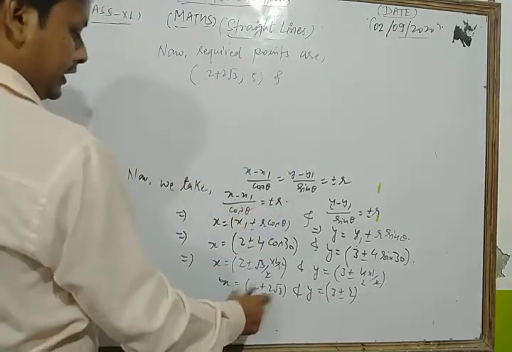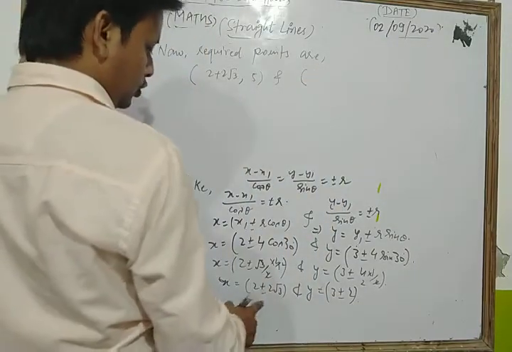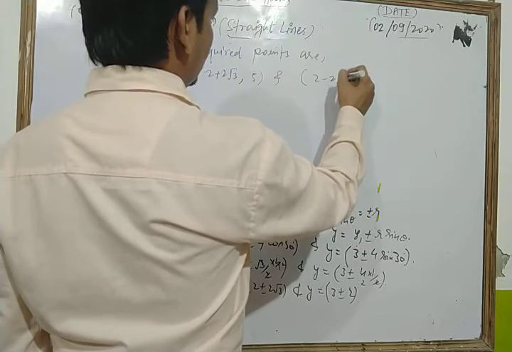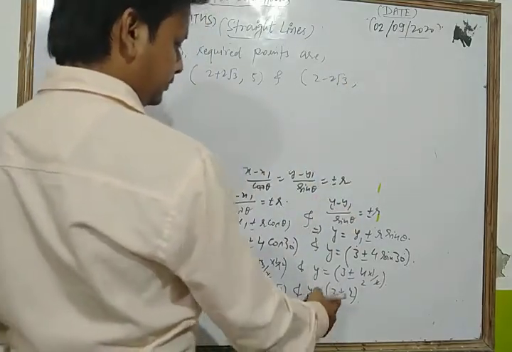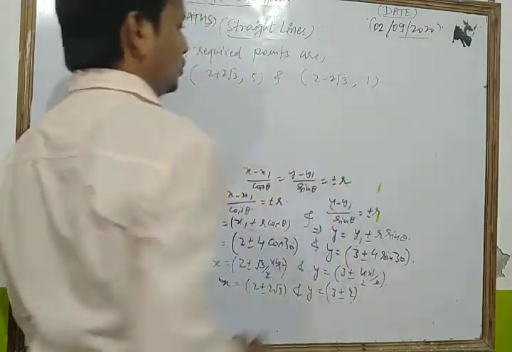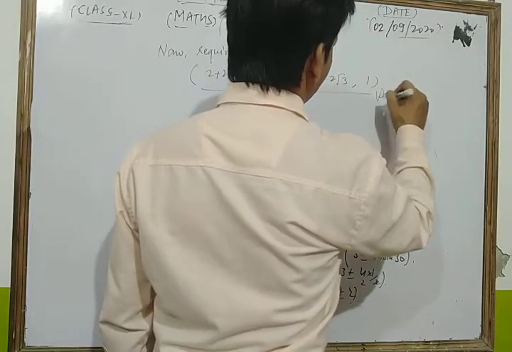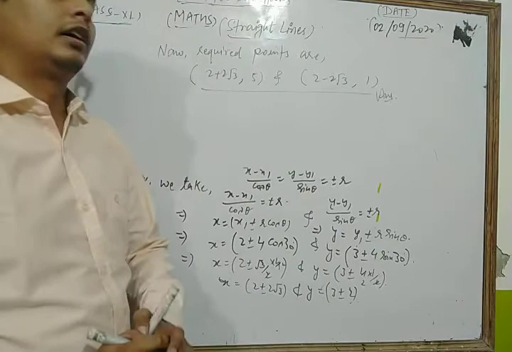And if we take minus, then the other point will be 2 minus 2 root 3 comma 3 minus 2, which is 1. So yes, this is the right answer. Dear student, these are the required points which lie on the line.